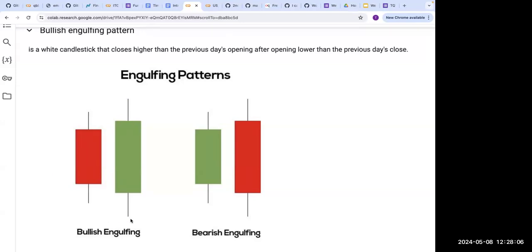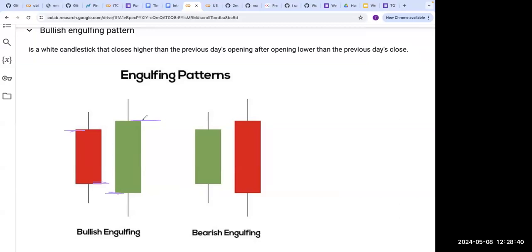So engulfing means that you are seeing a pattern where it's going to go bullish if it was a red one before and now it's a green one, right? That means the stock has changed its pattern. It was going down. Red means going down, right? It might have opened here and closed here, but on the second day it opened here and went well above.